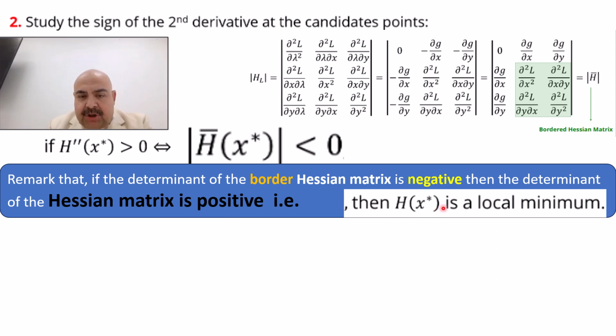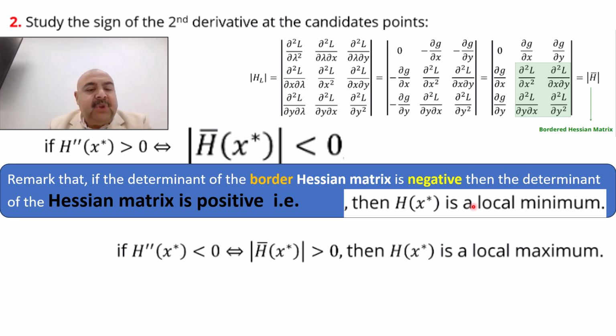That's the h star of x is a local minimum. So I want you to remark that for the border Hessian matrix, it's apart from the Hessian matrix. This part, if its determinant, I'm talking about this part only, is less than 0, then we will have a local minimum. And if this guy is greater than 0, then we will have a local maximum. Okay. We are in need of an example to summarize all of this.